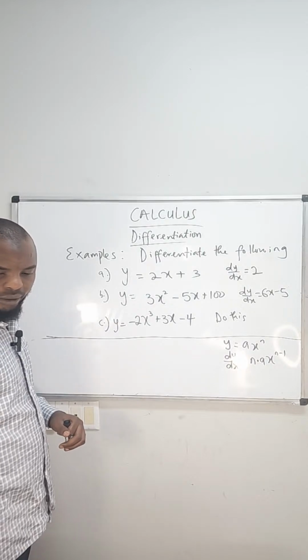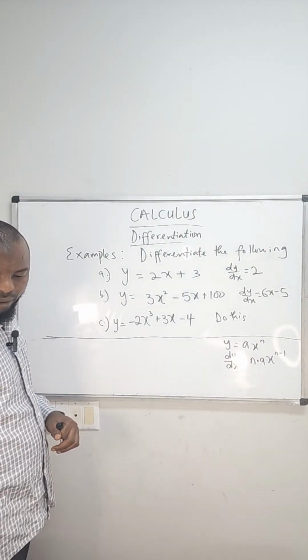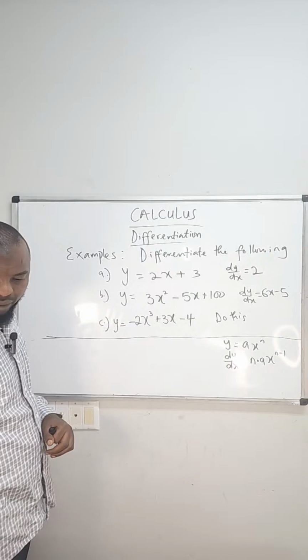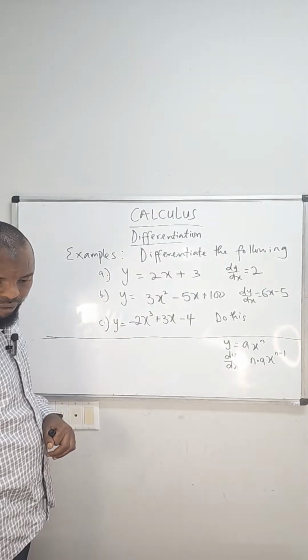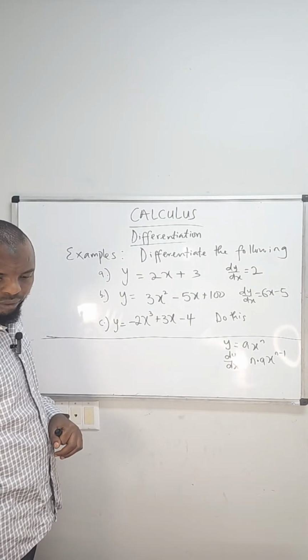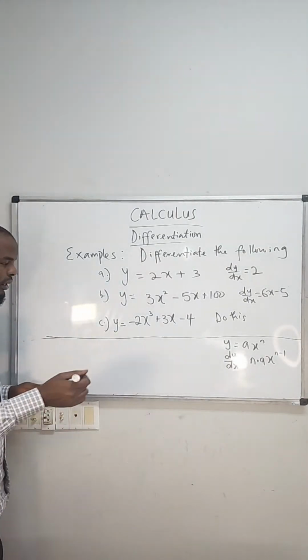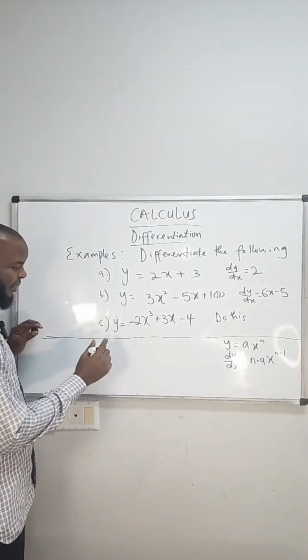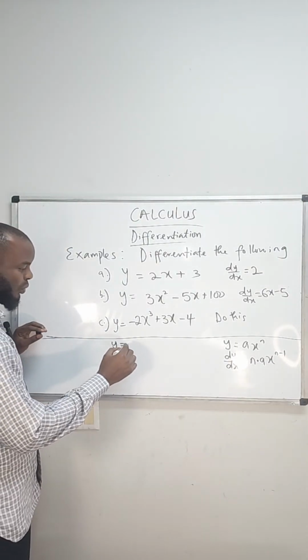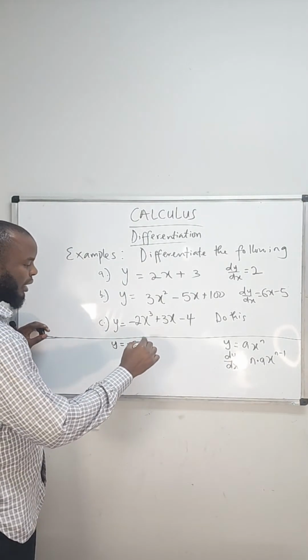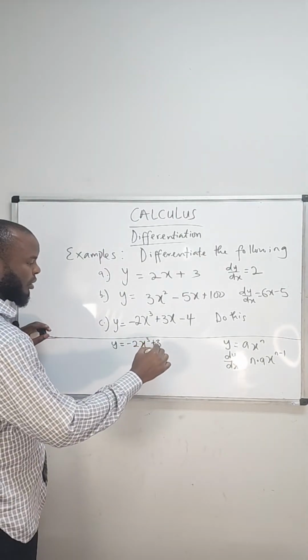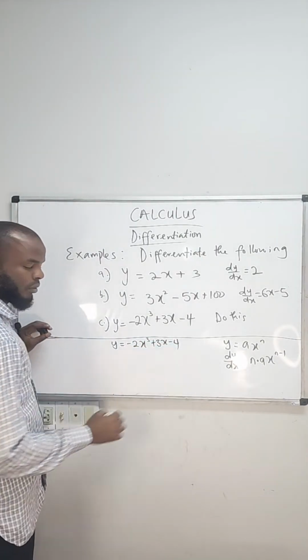Is Mustafa still there? Okay, let me do the third part. I know the negative sign is a little bit tricky. We have y equals negative 2x cubed plus 3x minus 4.